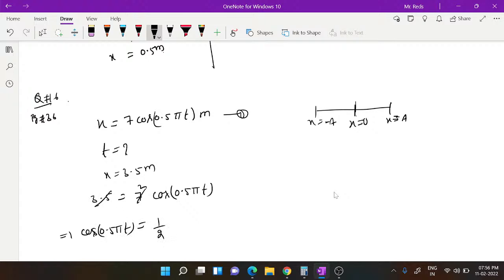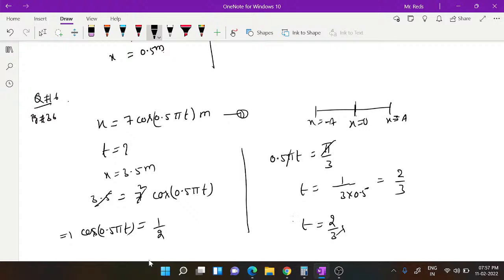For what angle is cos equal to 1 by 2? 0.5 pi t is equal to 60 degrees, or pi by 3 radians. Pi cancels. We get t is equal to 1 by 3 into 0.5, so t is equal to 2 by 3 seconds.